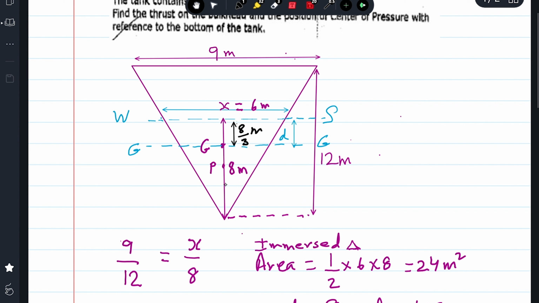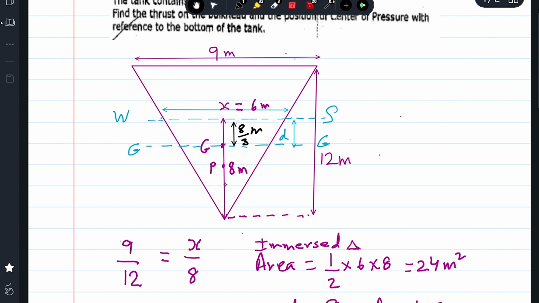By similar triangles, the big triangle has base 9 meter and height 12 meter. By similar triangle theory, 9 upon 12, the base upon the height of the big triangle, should be equal to that of the small triangle formed by the water level.